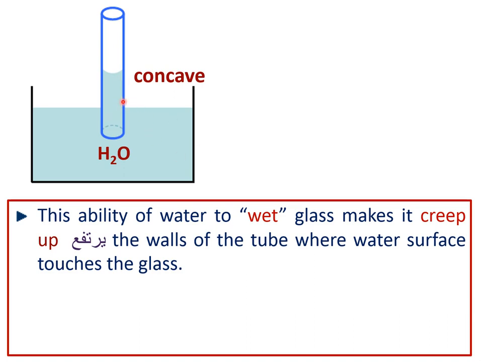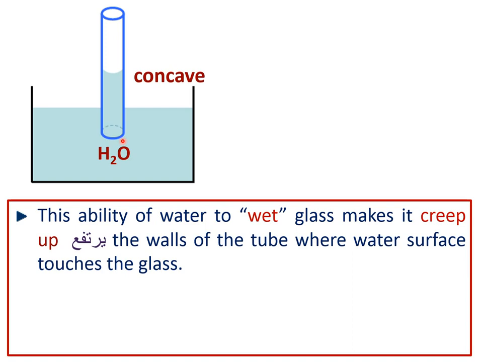Okay, wet glass, it means that it likes the interaction with the glass, because the glass, as I said, contains many oxygen containing groups. So the attraction forces between water and the glass is even stronger than the attraction force between water molecules themselves. Okay, so we'll say that water likes the interactions with glass.